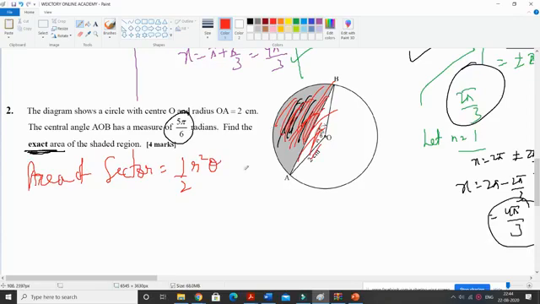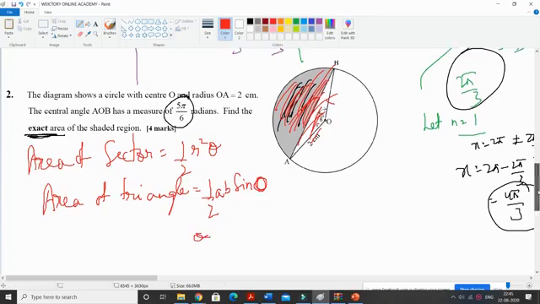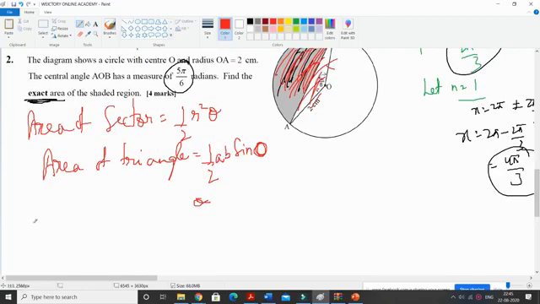And this is a triangle, right? If we subtract area of triangle from the sector, area of triangle in terms of sides and the angle is half AB sine C. A and B are the sides, and C is, like, here we can write sine O. So if we want the exact shaded area, I'm going to just substitute the value now.